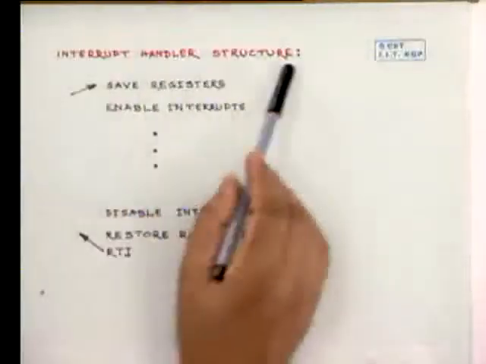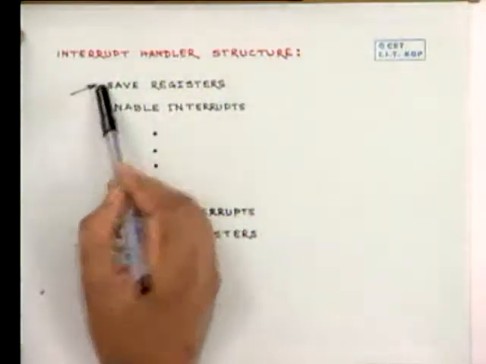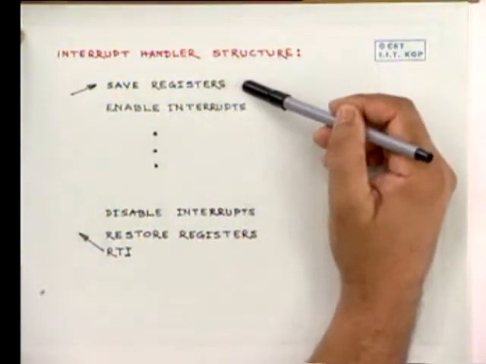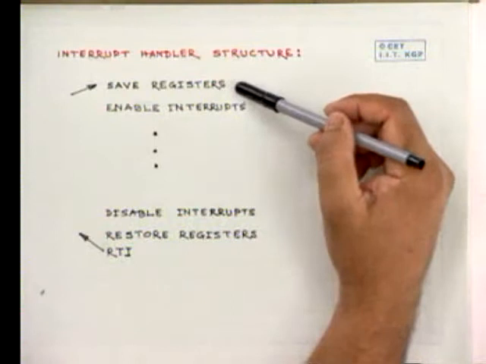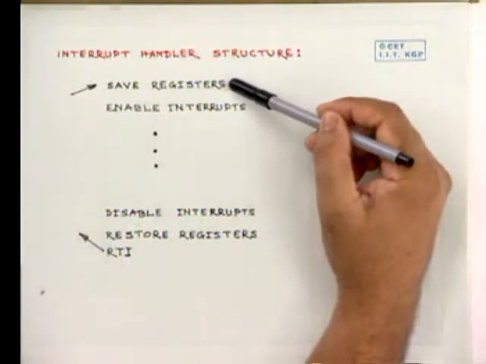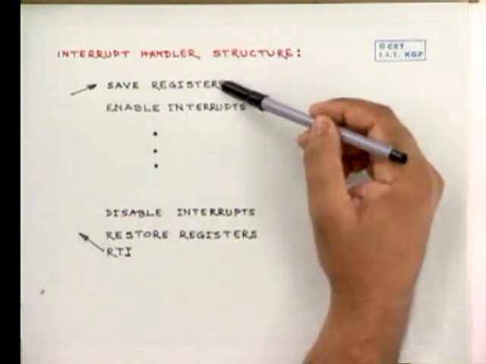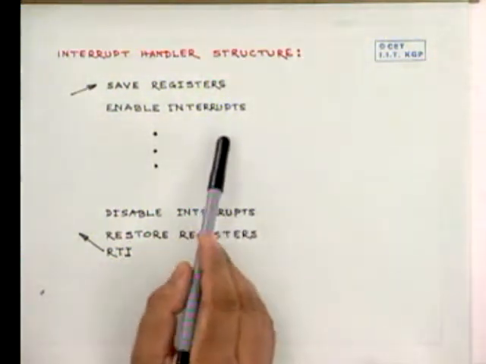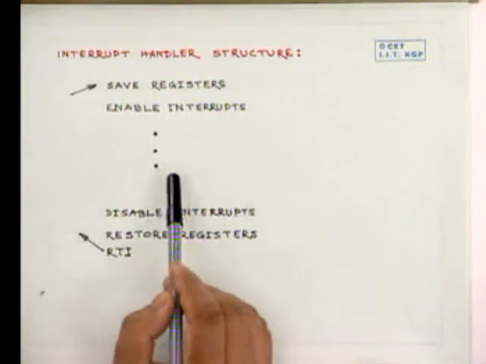Now, let us come to the interrupt handler structure. We have entered that interrupt handler here. The system will not be in the interrupt handler for quite long; mostly these device interrupt handlers are small.